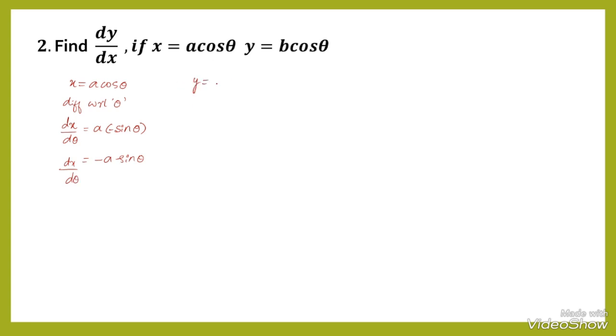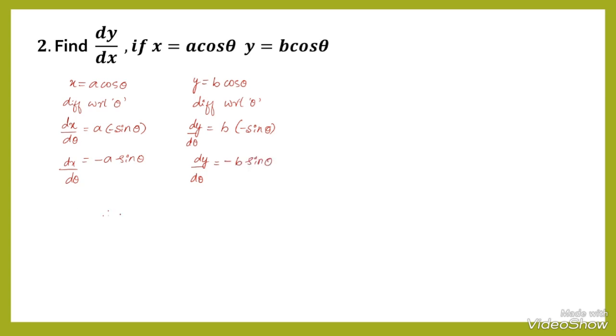Similarly, y is equal to b cos theta. Again, I can differentiate with respect to the parameter theta. It becomes dy by d theta is equal to b, which becomes constant, times differentiation of cos theta, again minus sin theta. dy by d theta is equal to minus b sin theta.